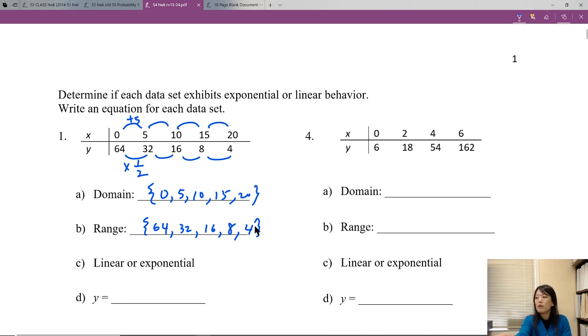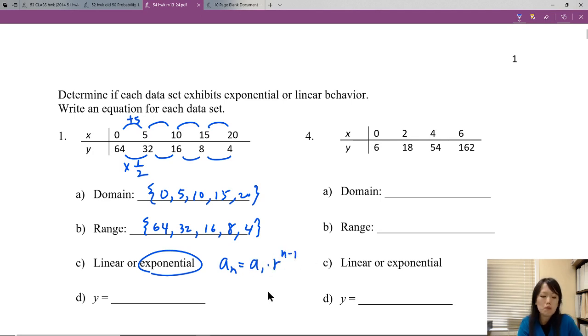Okay. What about for C, linear or exponential? We know that when I multiply by a constant amount, it has to be exponential. Next one, then what is the expression? So we said to figure out the nth term, or whatever term, you could start at the first term times r to the n minus 1.